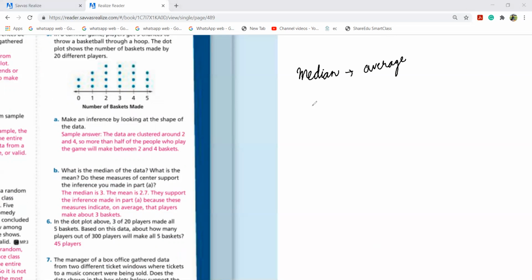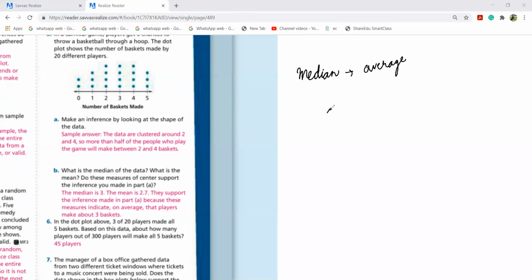What is the mean? The median is 3. The mean is 2.7. Now, how do I get 2.7 and how do I get 3?